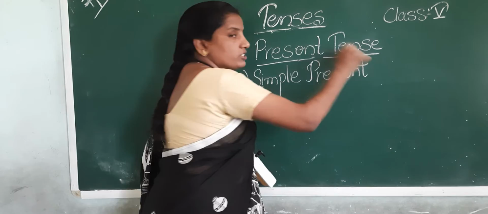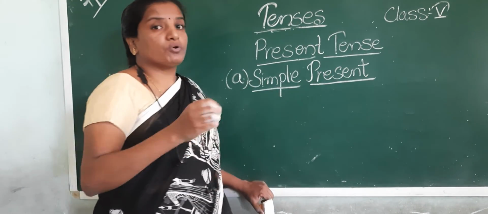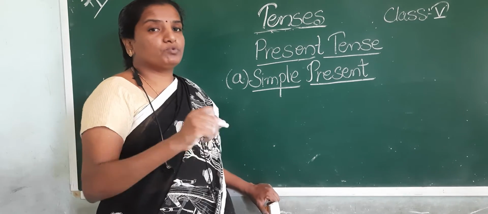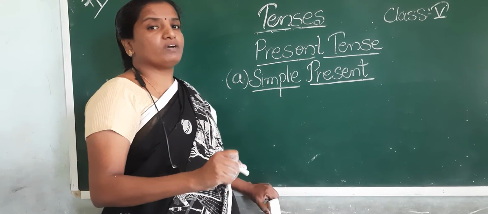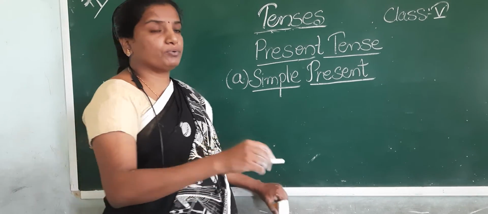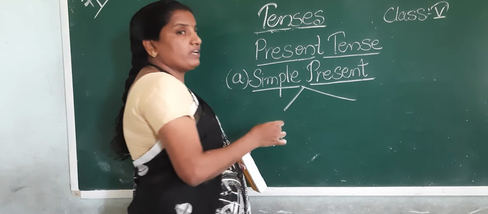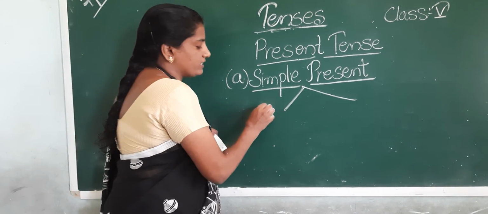What is the structure of the tense? Simple present is used, children, to denote habitual actions as well as universal truth. In two situations, we will use simple present tense.